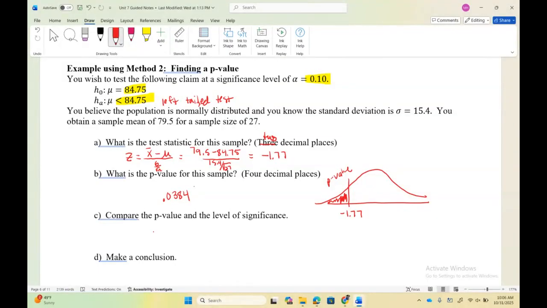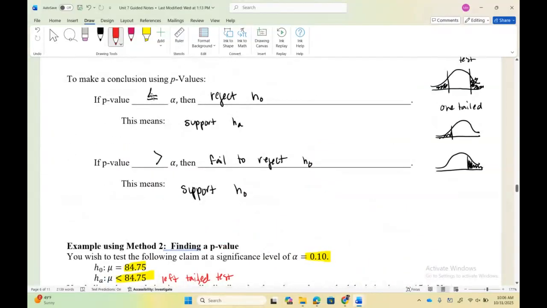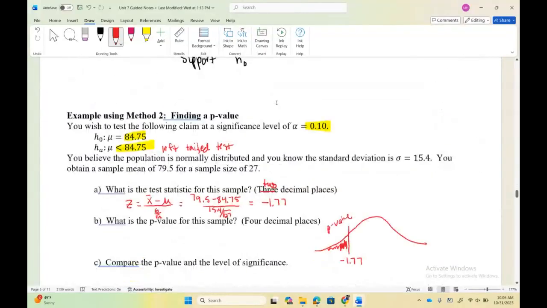Okay, so now I'm going to compare the p-value and my level of significance, which we said was 0.10. All right, my p-value is less than my level of significance. Okay, so let's go back up here to our rule. If it's less than or equal to, I'm going to reject the null hypothesis.